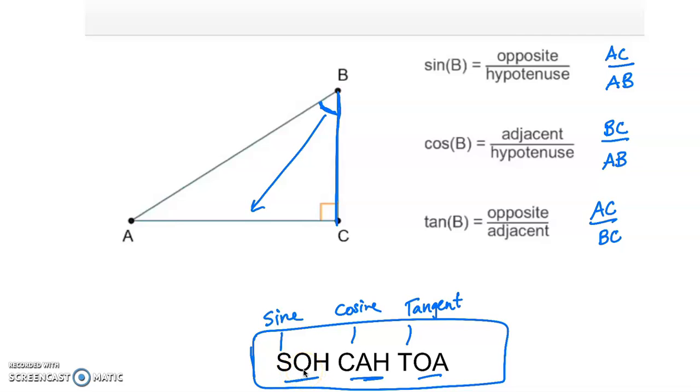And O stands for opposite, H is hypotenuse, and A is adjacent. So it just helps you remember, sine is opposite over hypotenuse, cosine is adjacent over hypotenuse, and tangent is opposite over adjacent. So I would write that in your notes because that's what we're going to be doing. We're going to be looking at an angle and we're going to find this ratio, and so we need to remember those.